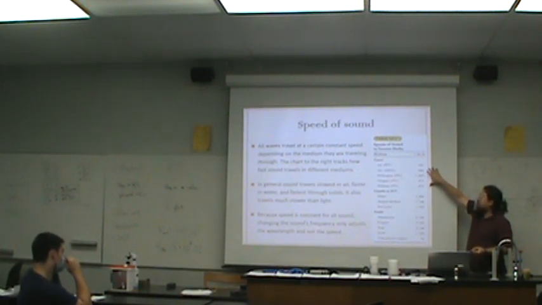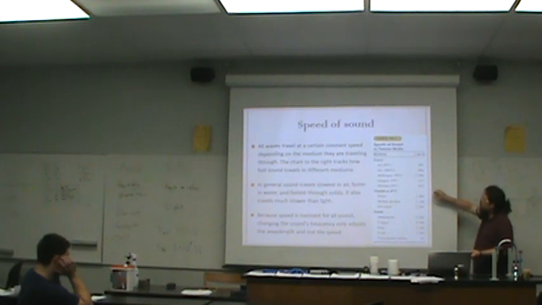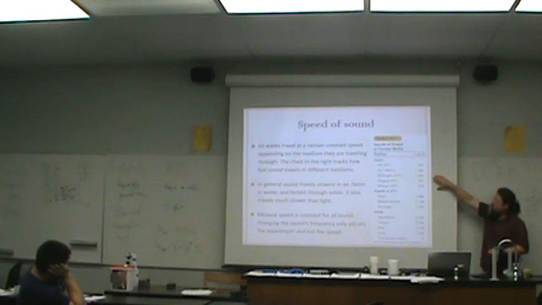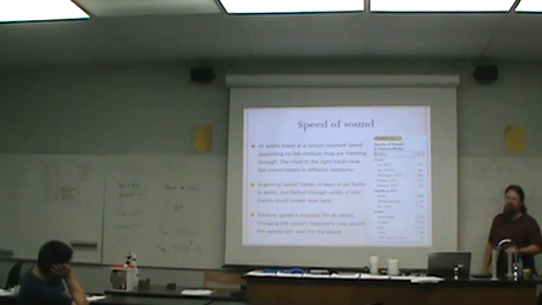Hydrogen is really fast, but compare these to the speed of sound in liquids. Barring the exception of hydrogen, all of these liquid speeds are faster than most of these gas speeds. And then, the speed of sound in solids, for the most part, tends to be even faster.